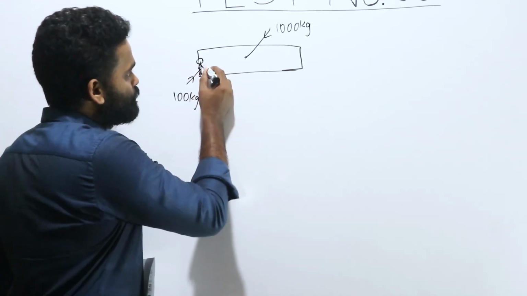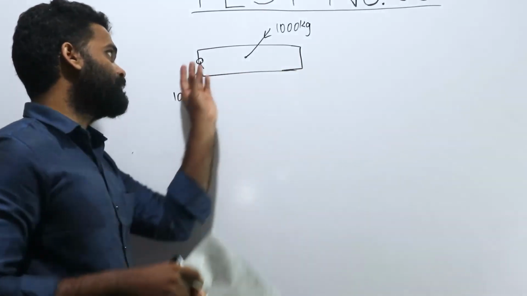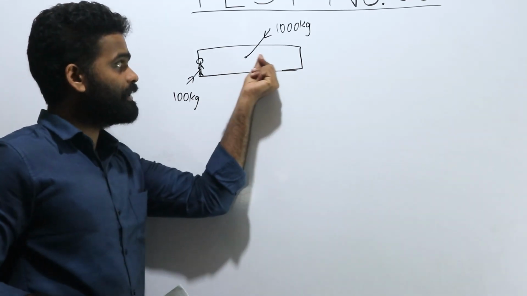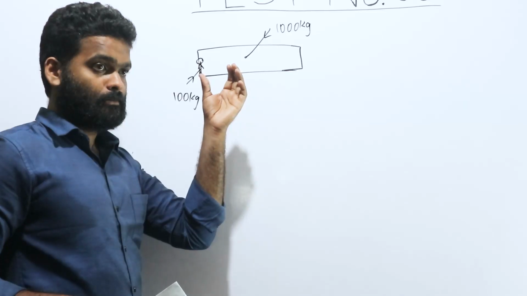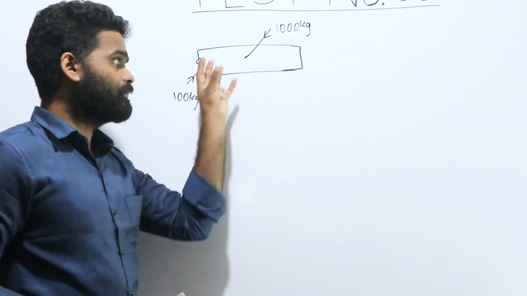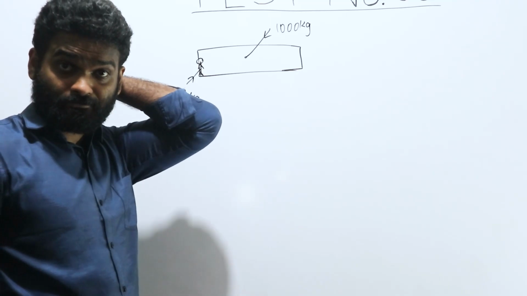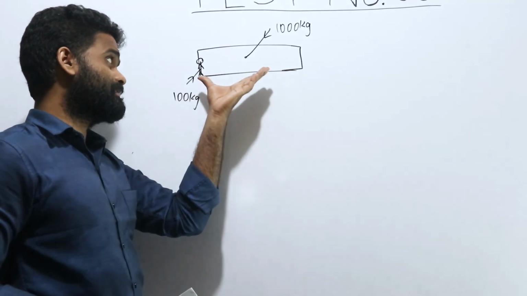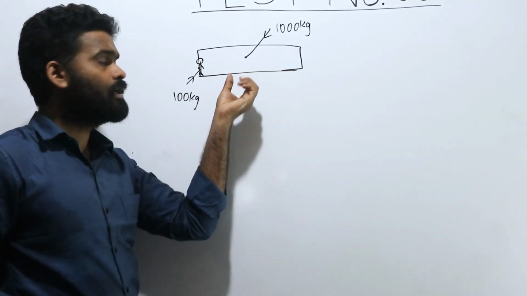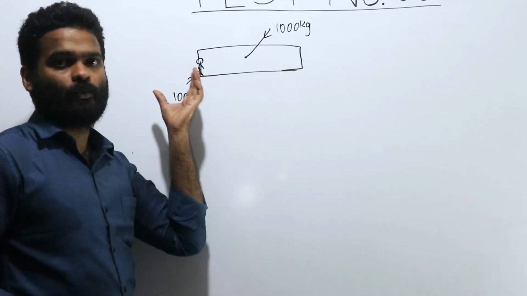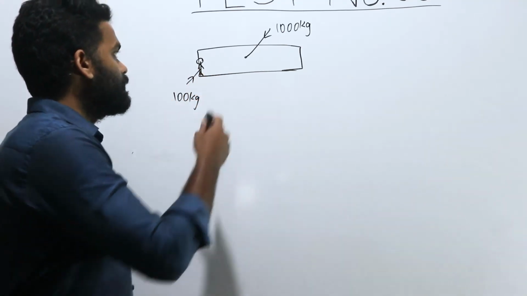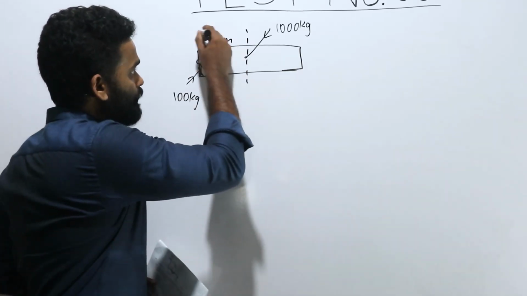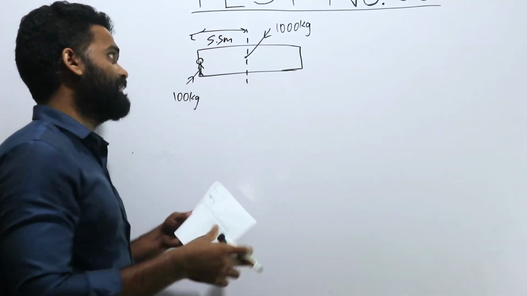Therefore, when the man moves from here to here, it causes the center of gravity to change. The center of gravity moves from here to here. But without an external force acting on the system, that cannot happen. So in order to keep the center of gravity at the same position, the carriage would move backwards. Before this, we have to find the center of gravity at this instant.